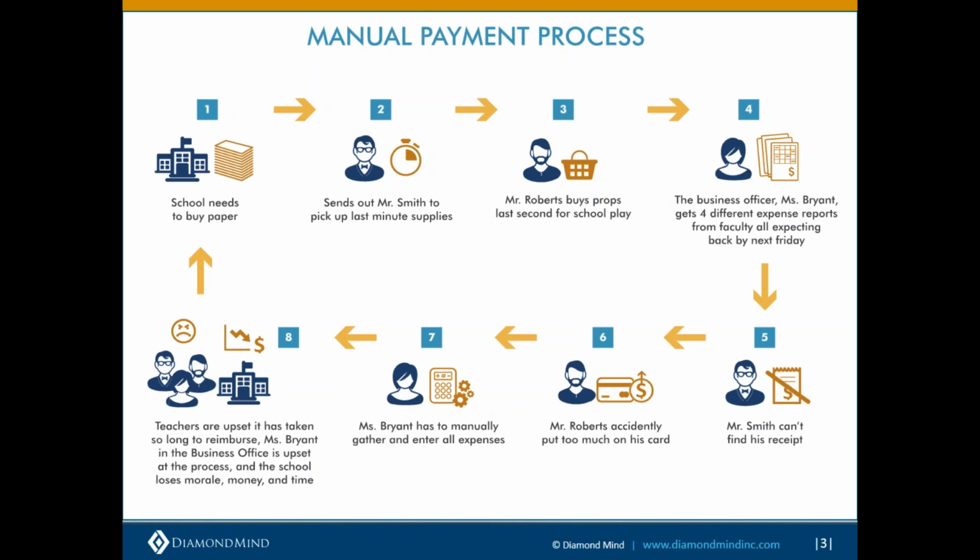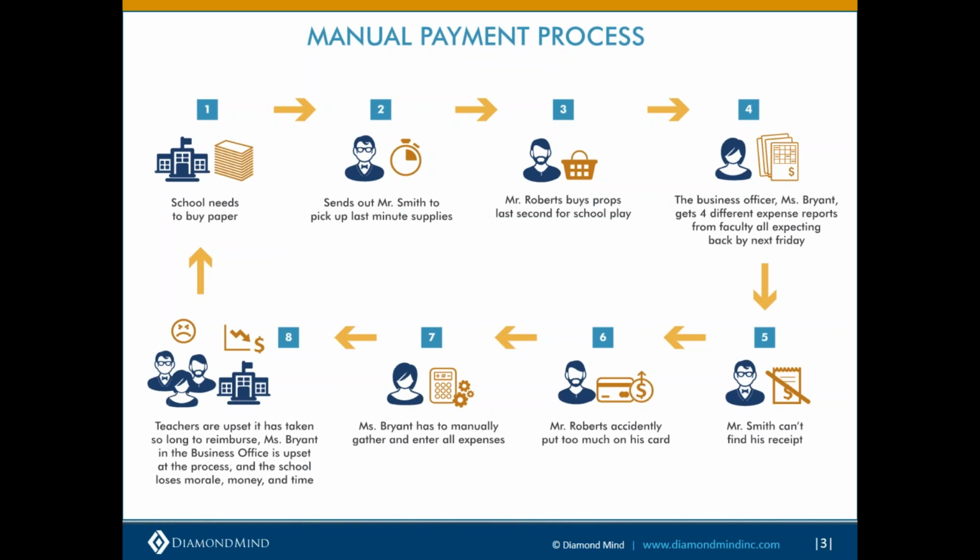Once we get right around step 4 is when the business officer is looking for things like expense reports or for receipts, and things start to get a little confusing when people either can't find those or can't remember to turn those in, or maybe somebody's used their personal card and they've put too much on their card and maybe they can't pay their bills then and they're waiting for that reimbursement.